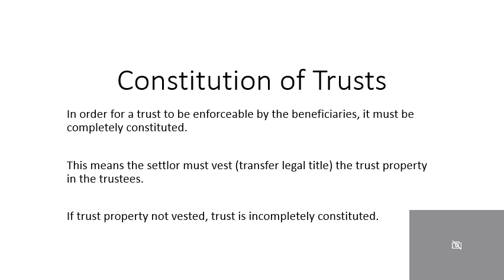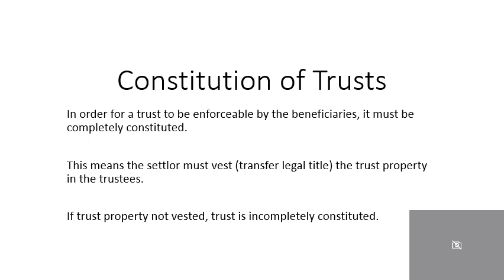So in order for a trust to be completely constituted, the settlor must have vested the trust property in the trustees. To vest trust property in trustees means to transfer the legal title of the trust property to the trustees. And we will look at the different methods of transferring legal title to different types of property later on in this lecture.